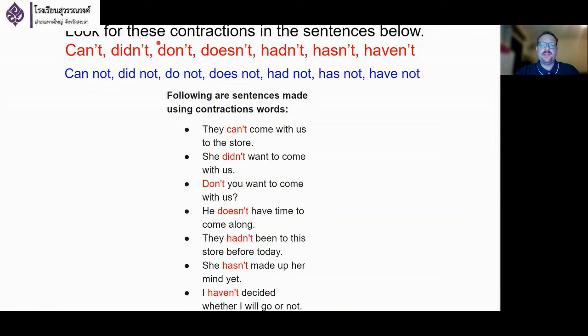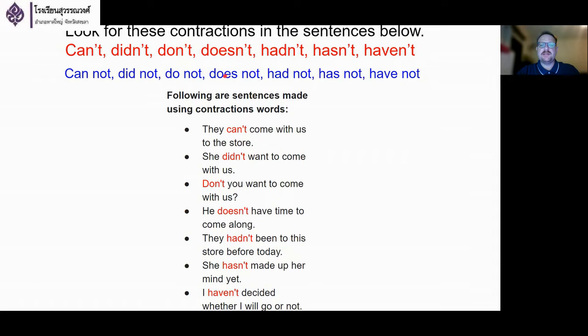Look for these contractions in the sentences below. Can't, didn't, don't, doesn't, hadn't, hasn't, haven't. Can't came from cannot. Didn't came from did not. Don't came from do not.